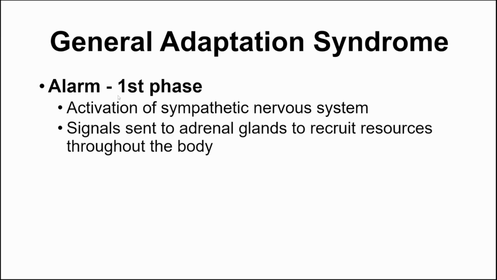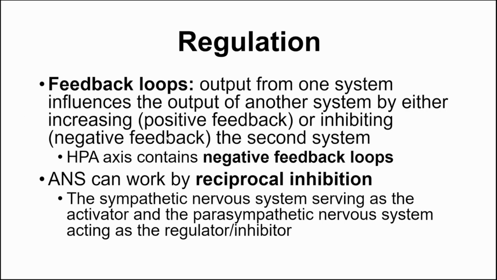But here, when we're talking about our alarm phase, we're having that activation of the sympathetic nervous system. And this is leading to that initial preparation. We're getting ready to send signals to our adrenal glands, and the adrenal glands releasing all of our different stress hormones is going to be an indicator of our second phase. So here we're saying that we're sending those early signals off to the adrenal glands so that we can then recruit resources throughout the body.